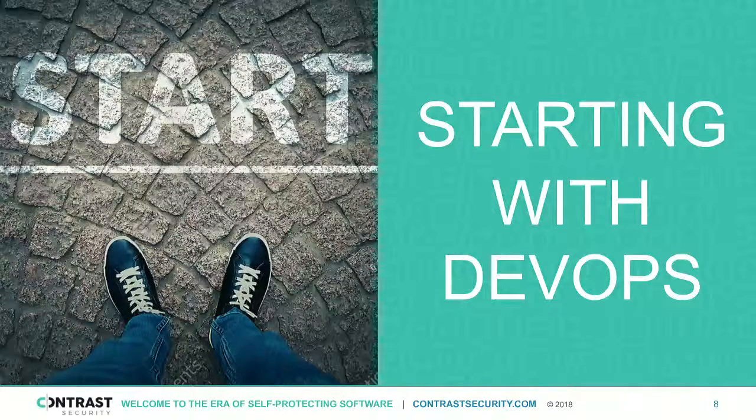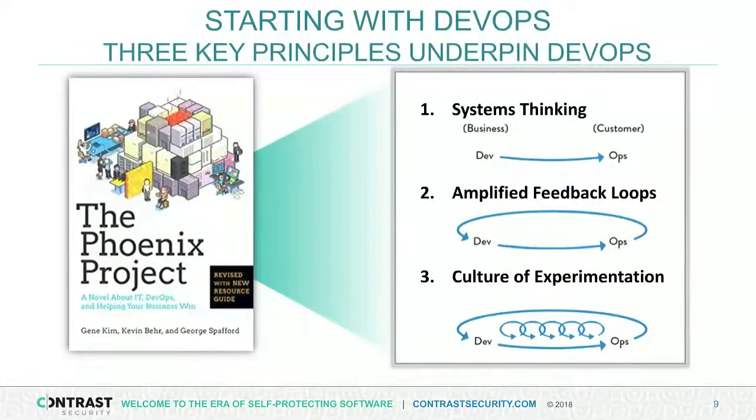So, where do you start with DevOps? As an initial starting point, I would encourage you to read an excellent book called The Phoenix Project. The book explains how companies can increase profitability, elevate the work culture, and exceed productivity goals through DevOps practices.